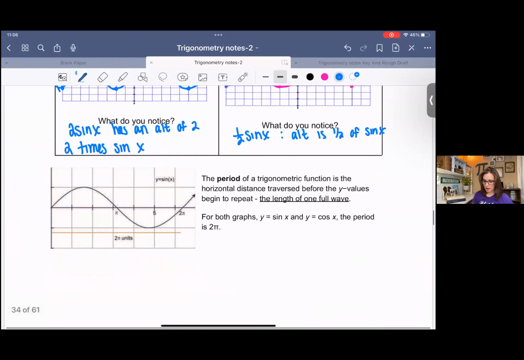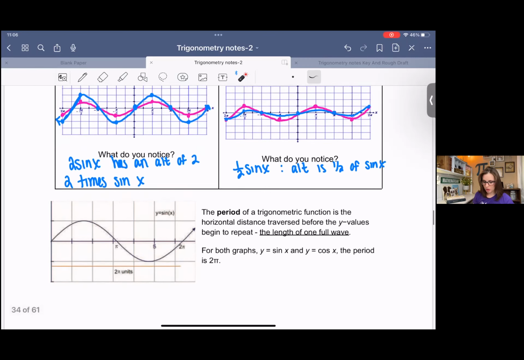The period of a trig function is the horizontal distance traversed before the y values begin to repeat. So it's basically the length of one full wave. For both graphs, sine x and cosine x, the period is 2 pi. So it completes one full wave at 2 pi, and then it starts to repeat again.